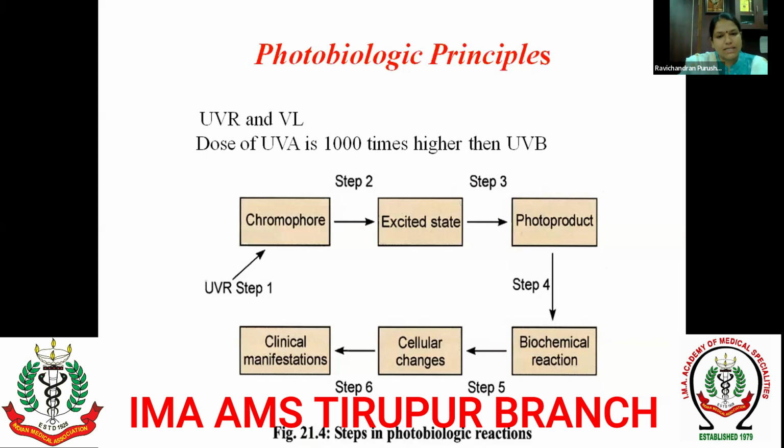Once the triplet state is formed, it produces photoproducts. Then certain biochemical reactions occur, followed by cellular damage, and finally the clinical presentation. It can be an acute manifestation, or on long-term chronic exposure, chronic manifestations. Acute presentation will be erythema, burns, and other conditions.